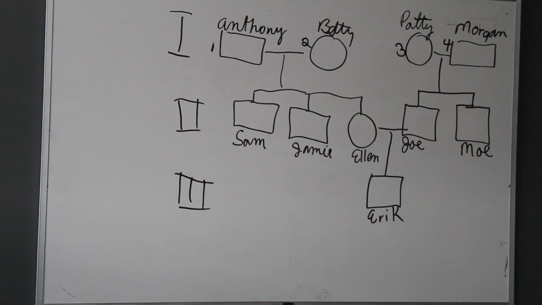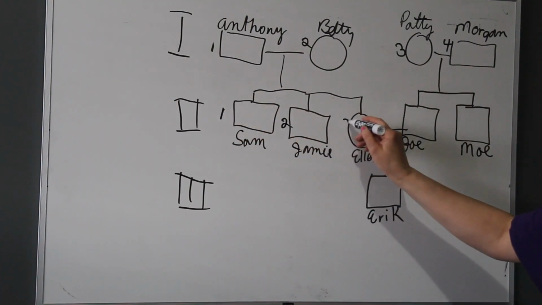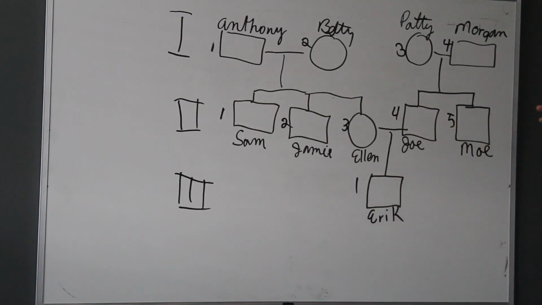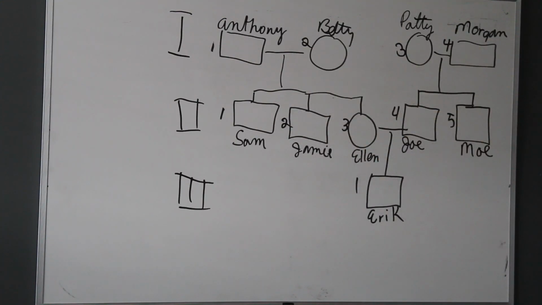The most common way to do it, I think, is 1 to 4 here and then start again: 1, 2, 3, 4, 5, and 1. But I have seen pedigree charts where they go 4, 5, 6, 7, and it probably really doesn't matter, just as long as you understand that this is just a way of keeping track of people in a pedigree.